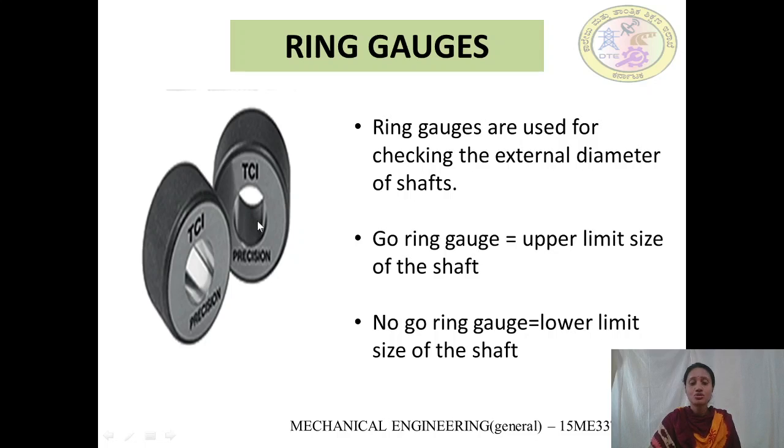The shaft should not enter into the no go ring gauge. So if the shaft is manufactured within the specified tolerance limits, the shaft should go inside the go ring gauge and should not go inside the no go ring gauge. Okay, so then we can accept those manufactured shafts.